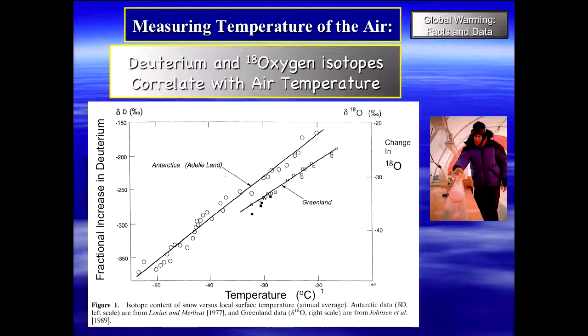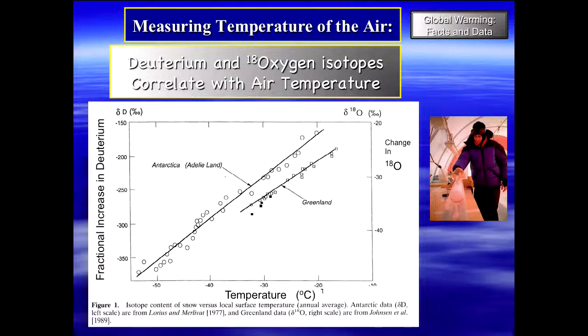When the temperature goes up, the amount of deuterium or the amount of oxygen 18 goes up. What this means is that you can use the amount of trapped deuterium in those ice cores or the amount of trapped oxygen in those ice cores as a thermometer. Measure the amount of deuterium or the amount of oxygen, and then just read off the graph.